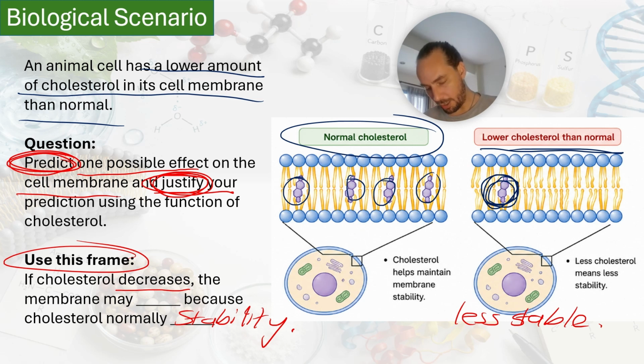And this could make it harder for the membrane to maintain its proper structure. And that's basically it. You predict what will happen and you justify your response.